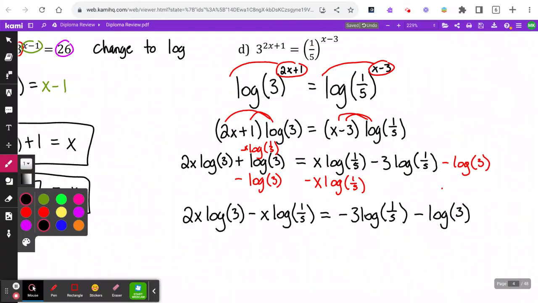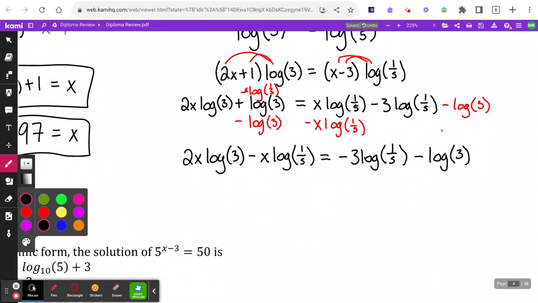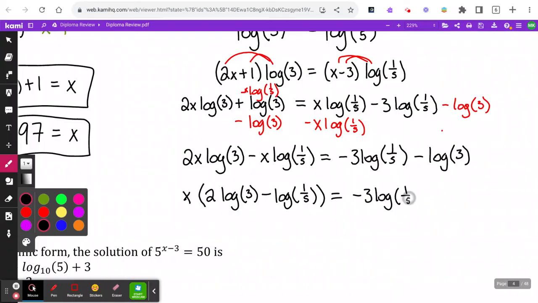The reason I do that is so I can do a greatest common factor of x on the left side. If I take x out of the left side, I can then divide everything else over. So I GCF an x out, and I get that.